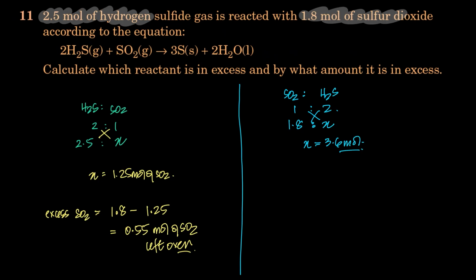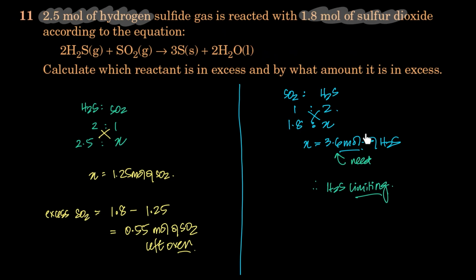And I realize that I don't have 3.6 moles of H2S, because that's what I was calculating here. I only have 2.5, so I would need this much but only have 2.5. Therefore H2S is limiting.